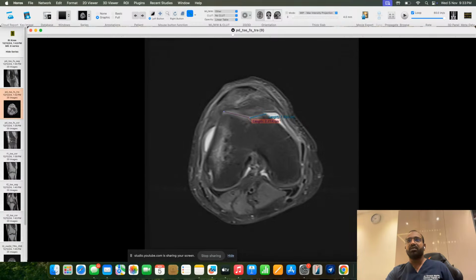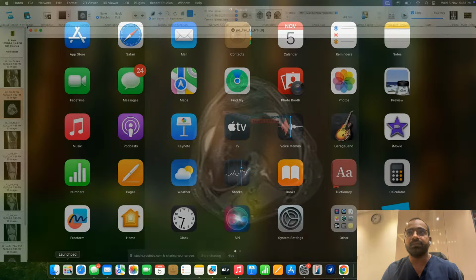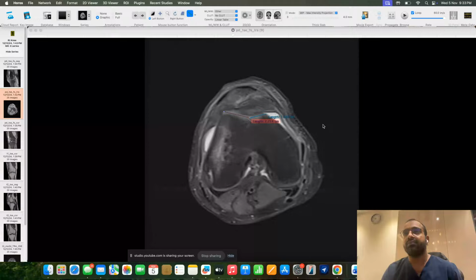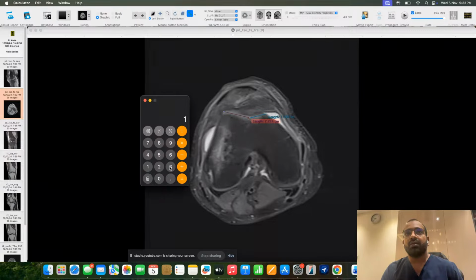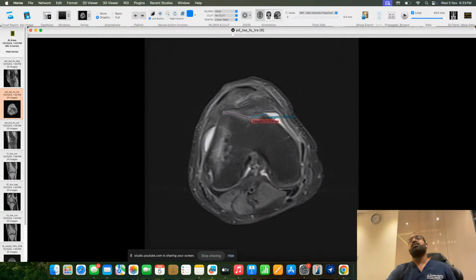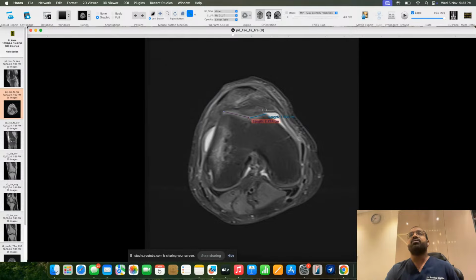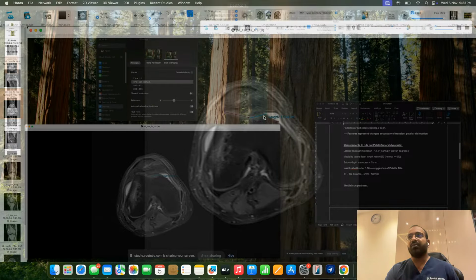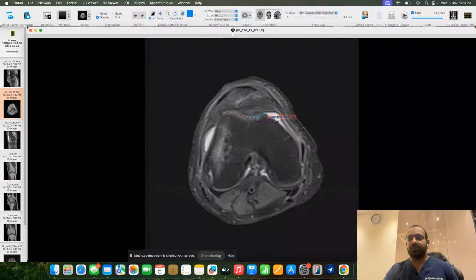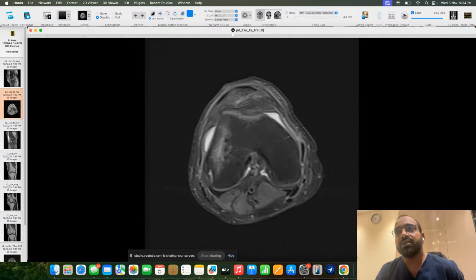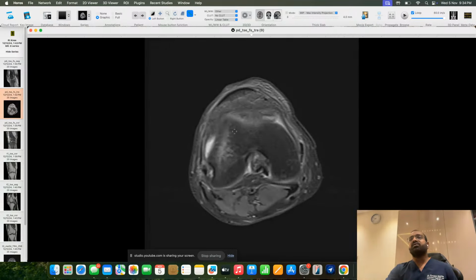By seeing yourself, you can say that is 13.8 and 12.2. So it's almost 13 divided by 22, almost 59, 60 percent. So more than 40% is normal. So this is one more measurement we need to give, the medial to lateral facet ratio, which usually should be more than 40. So sulcal depth, medial to lateral facet ratio, then Insall-Salvati ratio. These are the three things we have done.